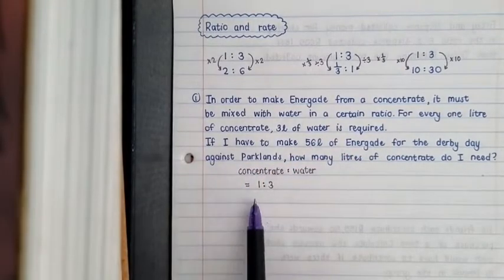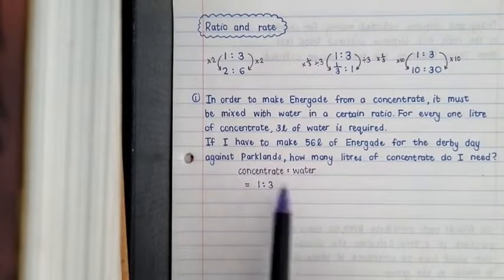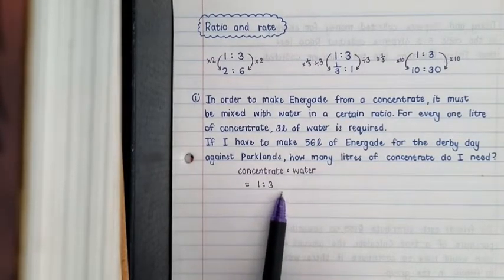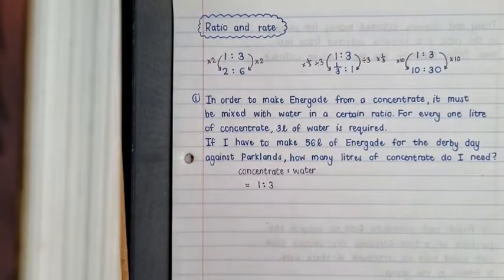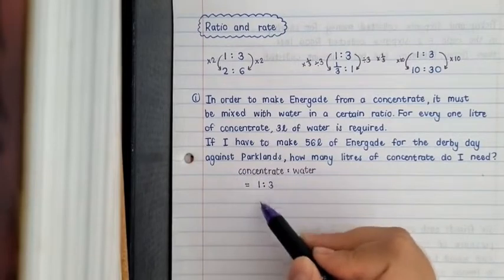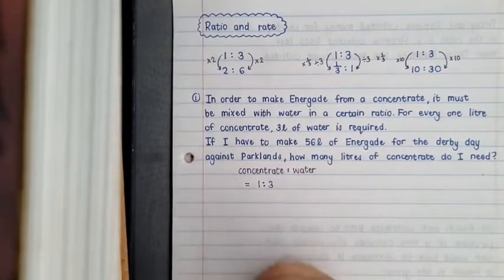So 1 liter of concentrate and 3 liters of water together is going to give you how many liters of Energate? Isn't that altogether 4 liters of Energate? So this 1 to 3 is actually giving us 4 parts. If you're adding the numbers in the ratio together, that will give you the total number of parts.